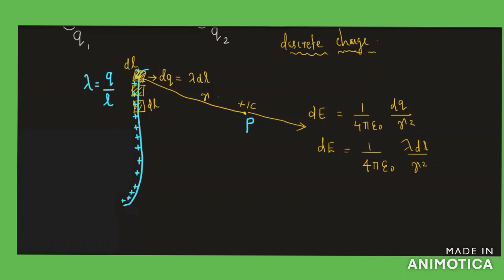This is not summation. For continuous distributions, we use integration to find the net electric field at P.